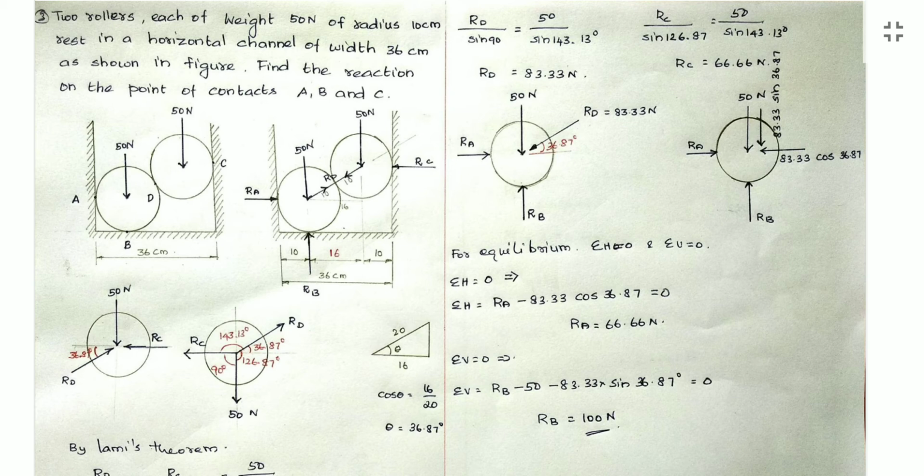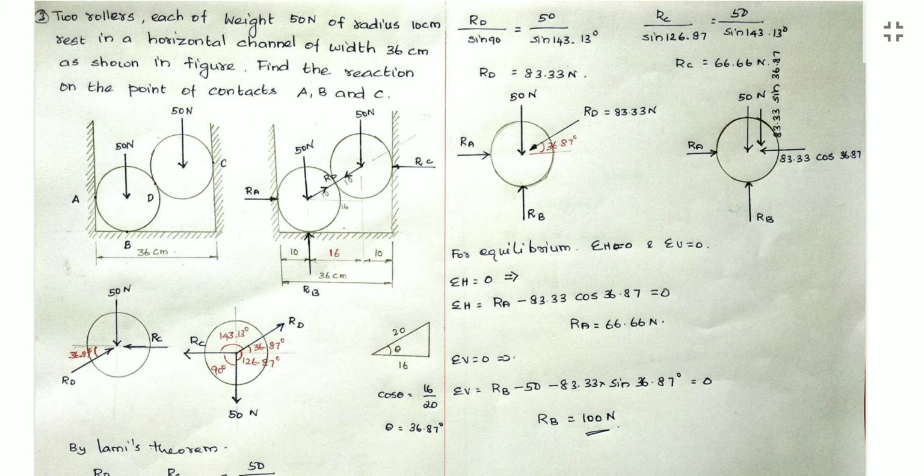Now consider the second roller. The weight acting is 50 Newton, right? Then what are the contact points? At the point A we have contact, B also, and D also. A means one vertical-surface reaction, so the reaction RA will be perpendicular to the vertical surface. Then at the point B also we have a reaction RB.